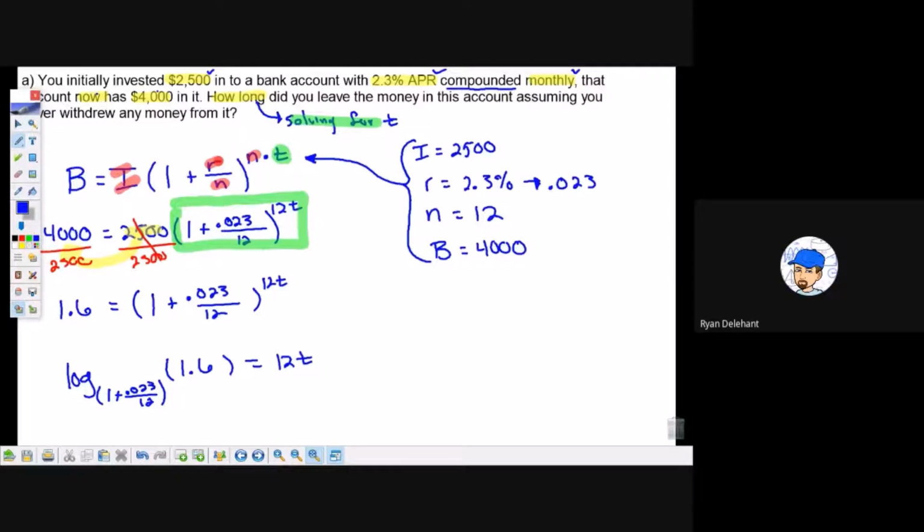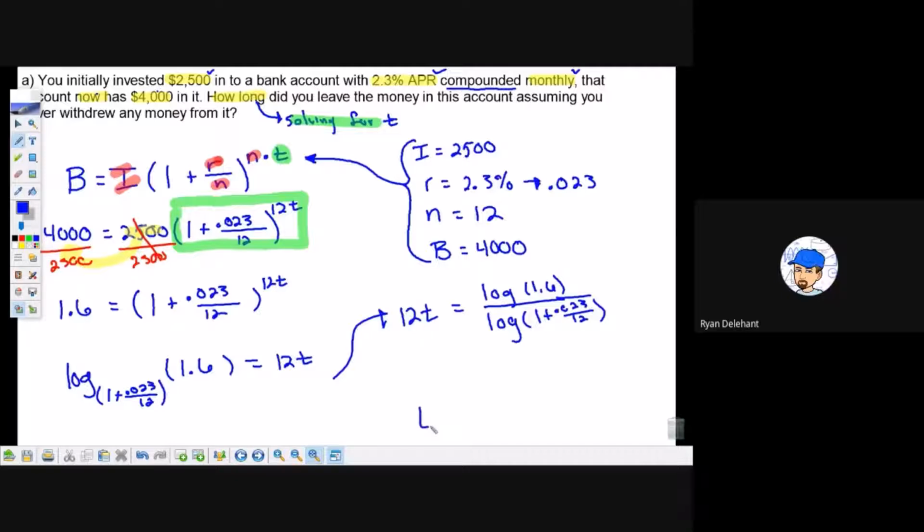So it's messy looking, trying to preserve the accuracy till the end, but we'll still be fine. I'm going to write it the other way so we can put this normally. I'm going to use change of base on that log. It's the log of two things divided. The 1.6 was taller, so it stays up top. The 1 plus 0.023 divided by 12 is down here. What do I need to do to all of that?